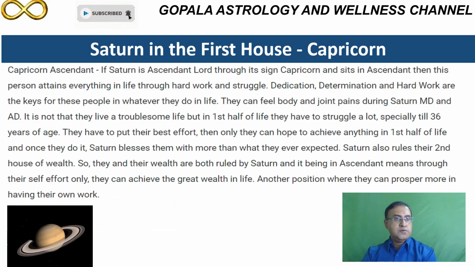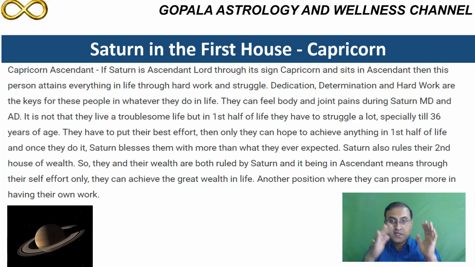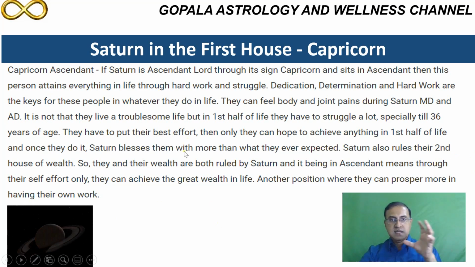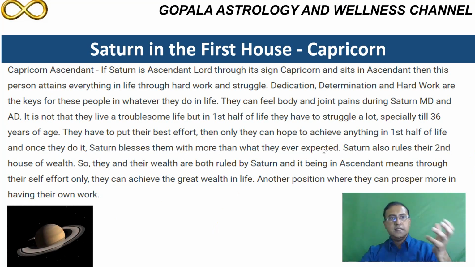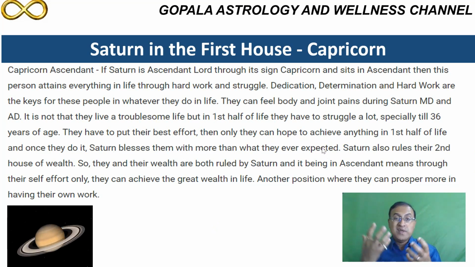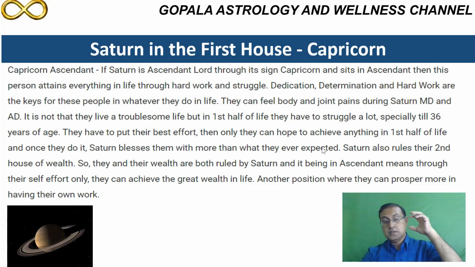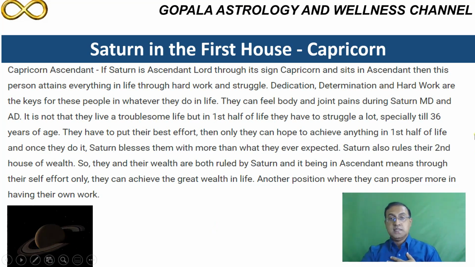So a lot of big leaders and CEOs are born with this combination, and Saturn makes the first half of life a little bit struggling, but after 35, 36, Saturn blesses them, and it becomes a very powerful situation to save wealth, because Lord Saturn also rules, according to classical astrology, the Aquarius zodiac sign also.